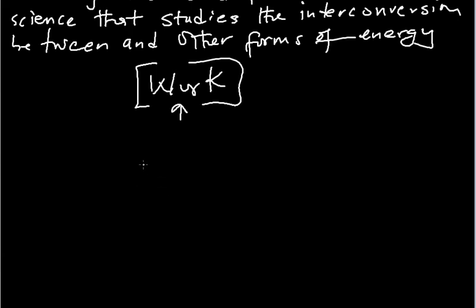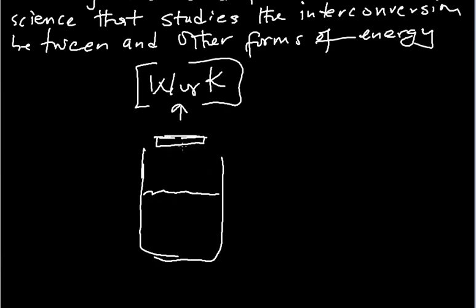Let's say you have a container that contains air or any form of gas. This container is airtight with a piston. The piston presses on the air, because inside the container the air, or any form of gas, is trapped.